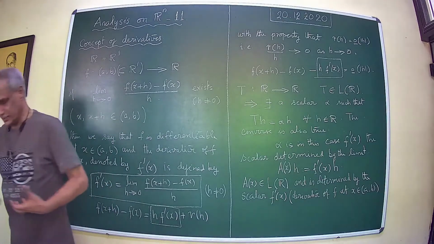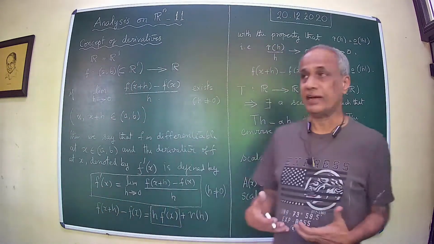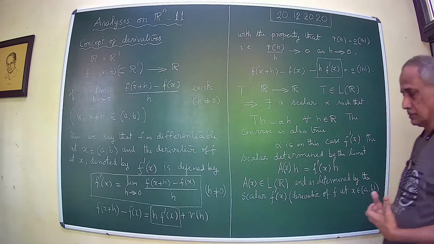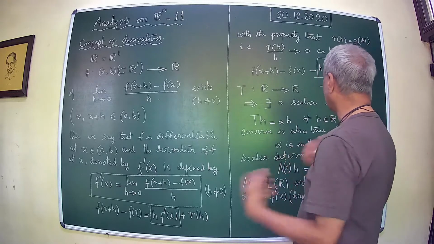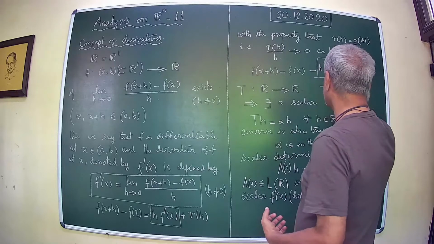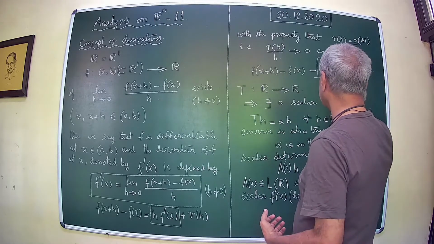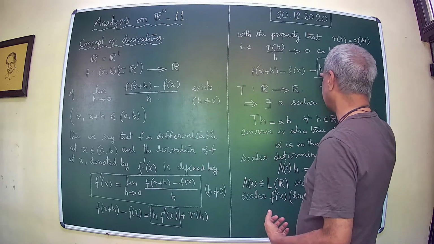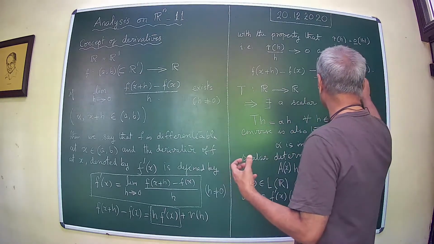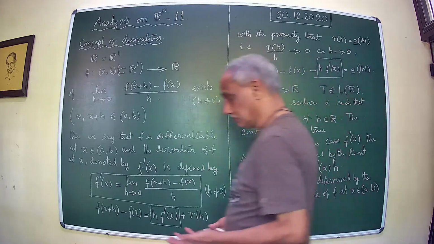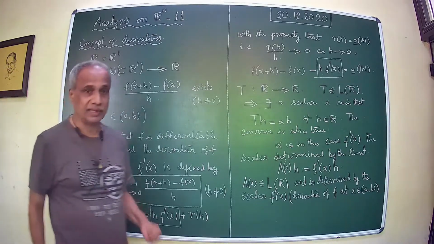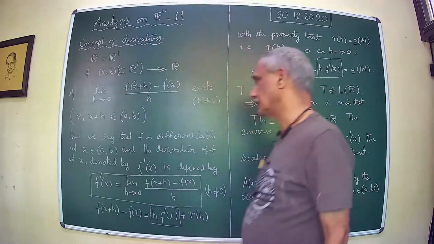So what have you done? You have taken f of x plus h minus f of x, from which a linear part has been removed. Okay? The linear part corresponding to that is f dash x into h has been taken out. And what is left is an error term R of h, which is of higher order than mod h.